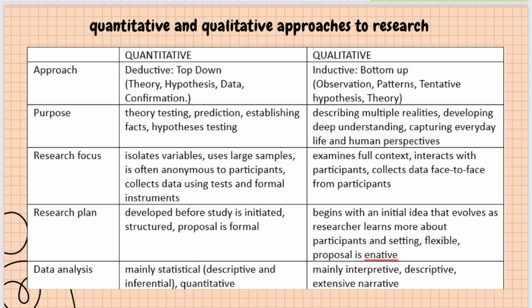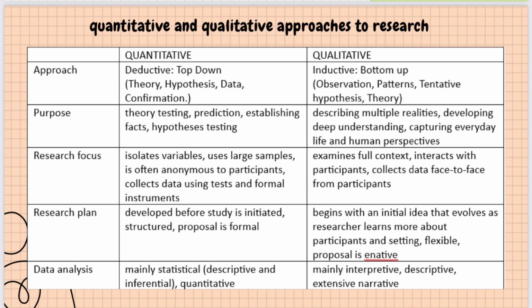And then the research plan. In quantitative, the research plan is developed before the study is initiated. A structured proposal is formal, while in qualitative, the research plan begins with an initial idea that evolves as the researcher learns more about participants and setting. A flexible proposal is innovative.